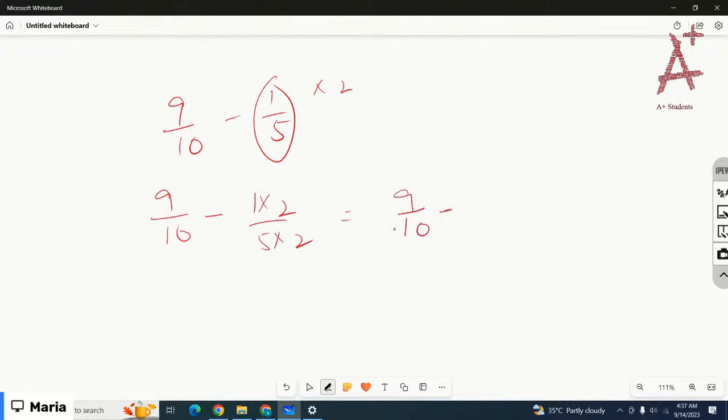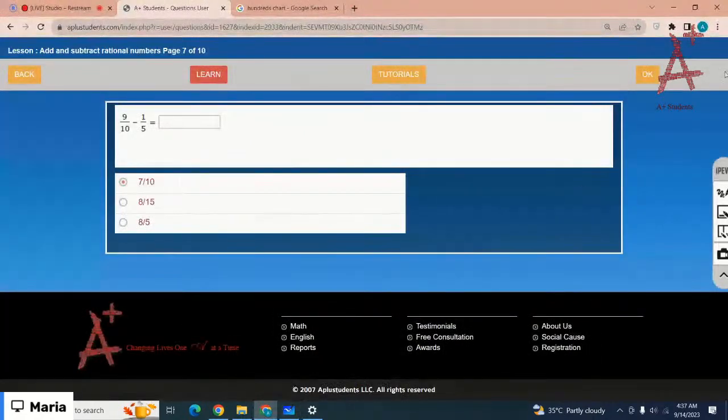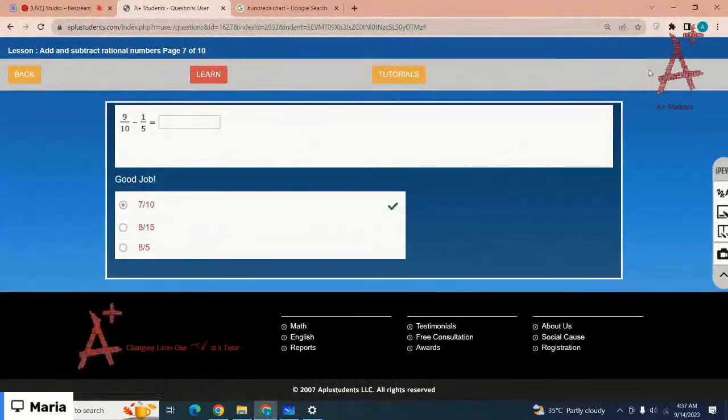That would be 9 over 10 minus 2 over 10, right? So you have to subtract the numerators. That would be 7 over 10. So the correct option is 7 over 10. Option 1 is the correct option, right?